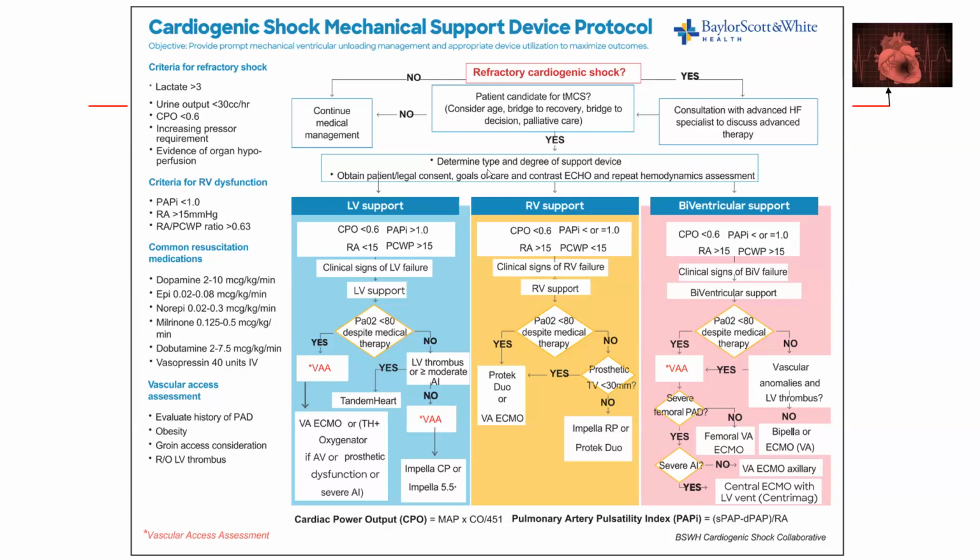Now we're going to consider mechanical support. We're going to support the left heart if it's the left heart that's failed. We're going to support the right heart if it's the right heart that failed. And we're going to do biventricular support if both ventricles have failed. So that's really all you need to know, because if your patient has failed medical therapy, the question will not be, would you prefer Impella to ECMO?